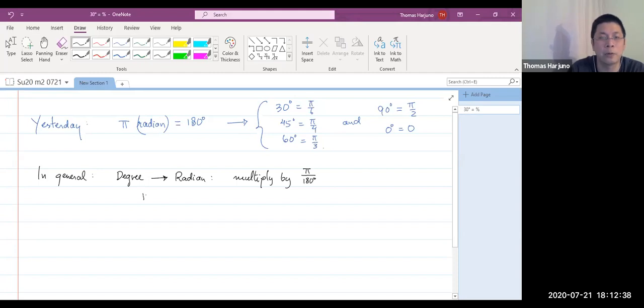Suppose for example, if I have 75 degrees, I need to cancel the degrees and change it to radian. So I use the proportion or the ratio we have up here. That's pi over 180 degrees. That way the degrees will cancel.